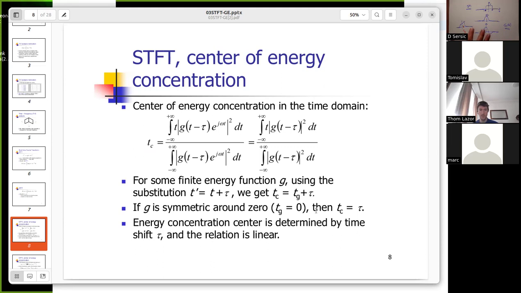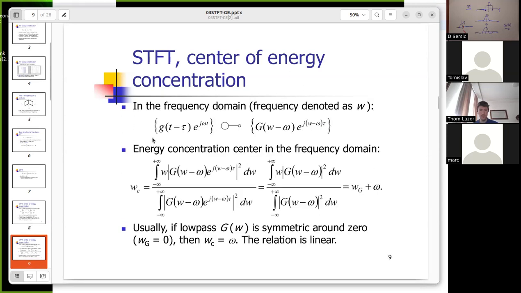We can say that the position of such a local window is directly proportional, linearly related to the variable tau, to the shift tau. If we repeat the same calculation in the frequency domain, it looks like this.